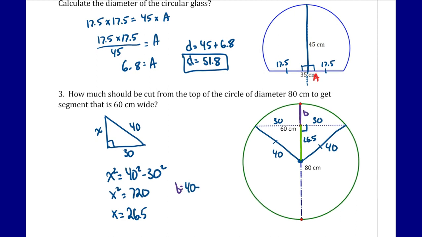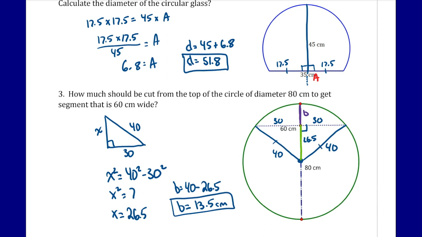Say b has to equal 40 minus 26.5. B equals 13.5 centimeters. So that means we have to basically cut in 13.5 centimeters from the top.